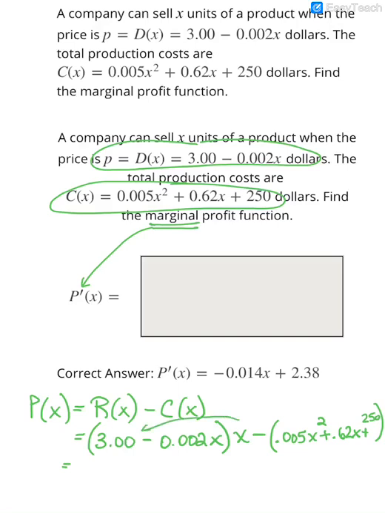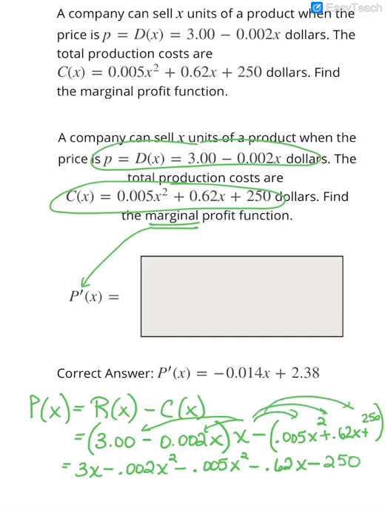We're going to distribute first. I'm just going to call that a 3x and not carry those decimals. And then I've got minus a 0.002 times x squared. And then I have a minus 0.005 times x squared. And then minus 0.62 times x, and then minus 250. So don't forget, you're distributing that negative there.